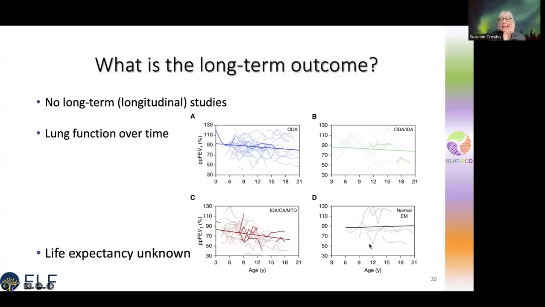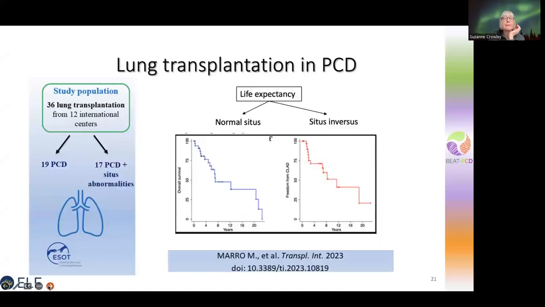And interestingly, the point about having normal structure, these patients with PCD have normal internal structure on electron microscopy and completely normal lung function that doesn't appear to get worse with age. But these are short-term studies. They're stopping at the age of 21.